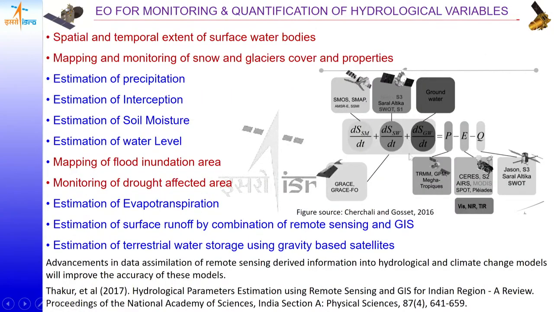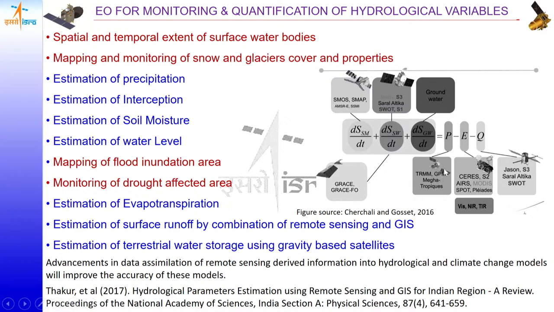So at present, when we are talking about hydrometeorological variables like the rate of change in moisture, the surface water storage, precipitation, evaporation, discharge, they are all linked with certain kinds of satellite data. These satellite data are progressively increasing their spatial and temporal resolution.